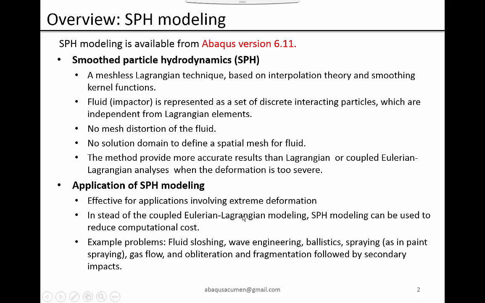Instead of CEL, SPH can be cost effective, because CEL takes a lot of computational time. SPH is very fast, quick. You can do a lot of example problems: fluid sloshing, wave energy, ballistic, spray as in the paint industry, gas flow. You can do multiple problems here. We are going to concentrate on a ballistic-like problem, but it's a bird strike analysis.